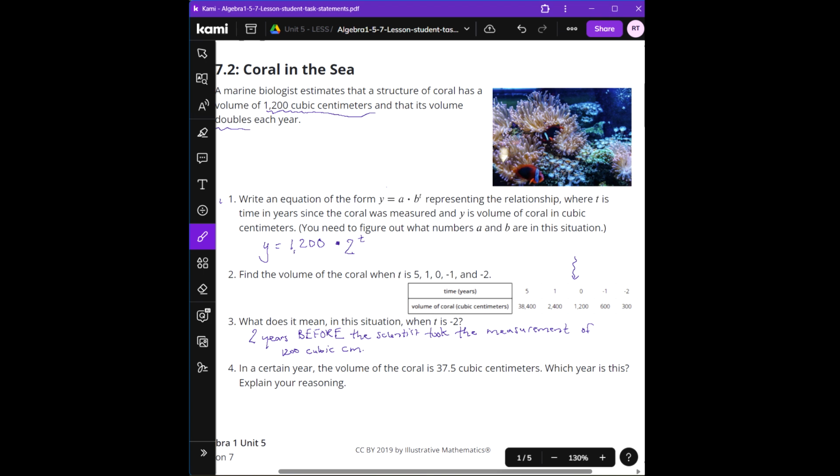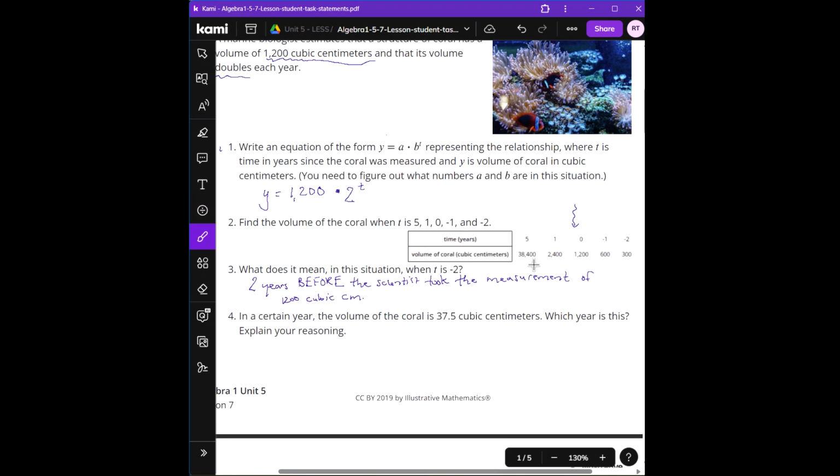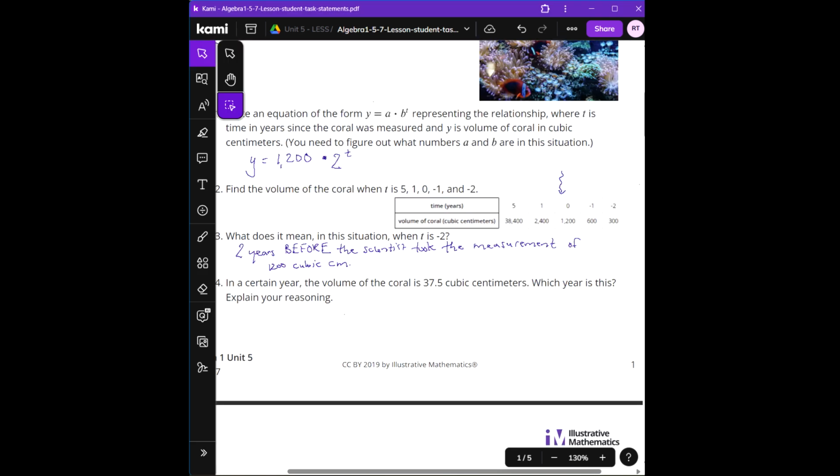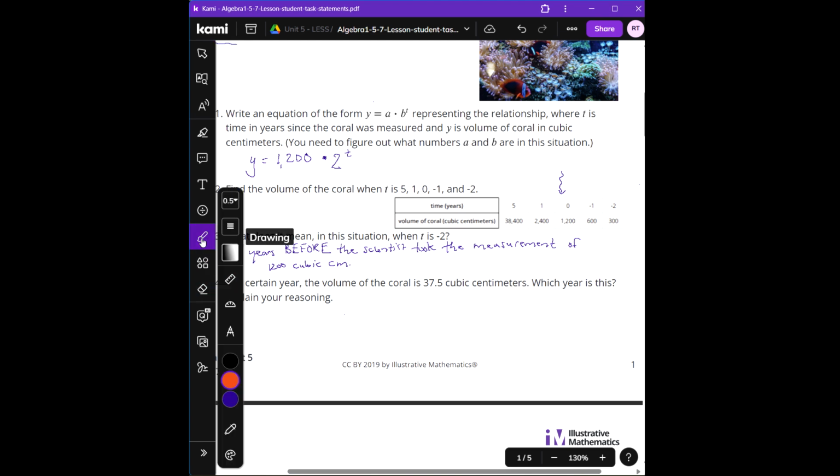Okay, in a certain year, the volume of the coral is 37.5 cubic centimeters. Which year is this? And explain your reasoning. Okay, for this one, we need to remember about our negative exponents.